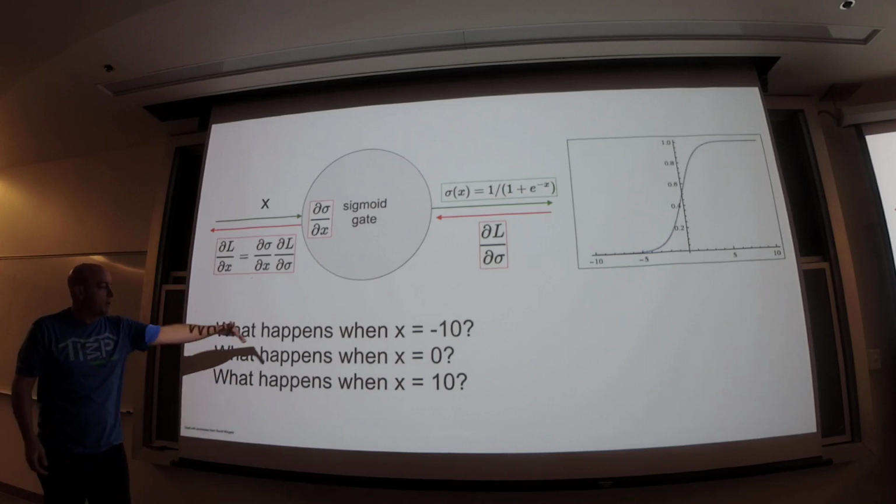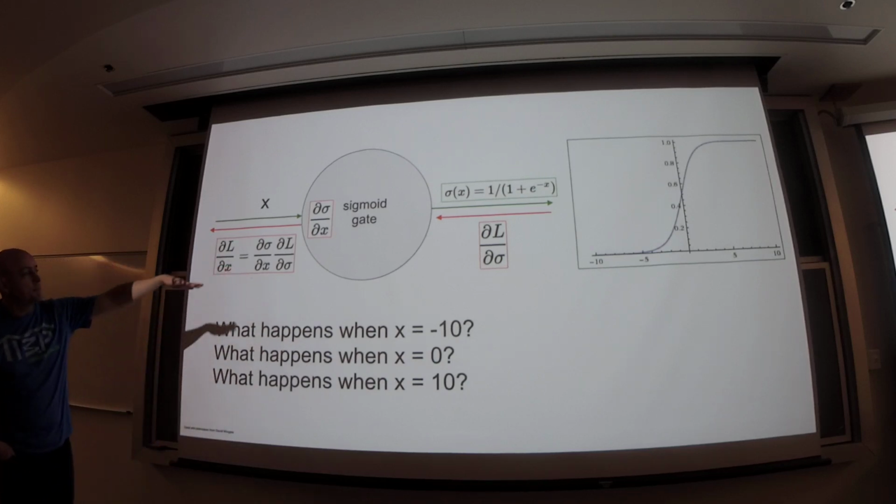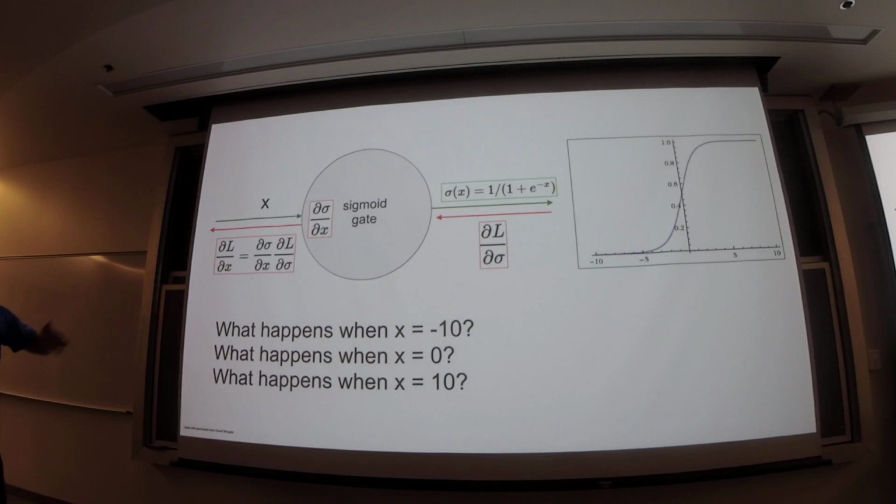So what's my gradient look like when my signal is at -10? It's nearly 0, right? How about when it's 10? Again, it's really close to 0, right? But at 0, it's not 0. When x equals 0, it's not 0.